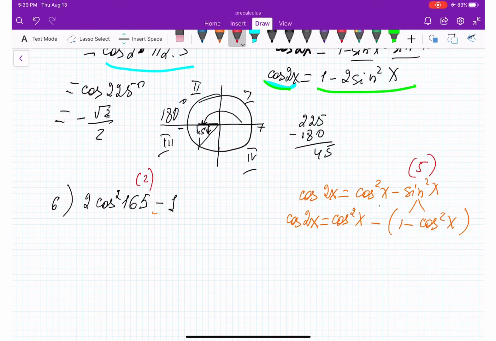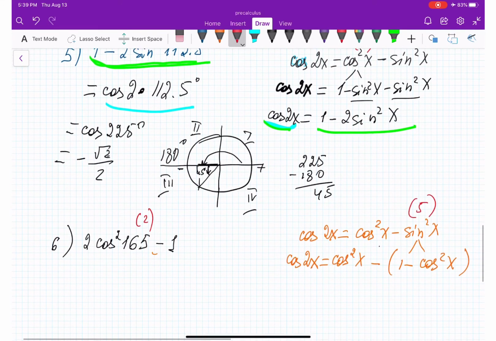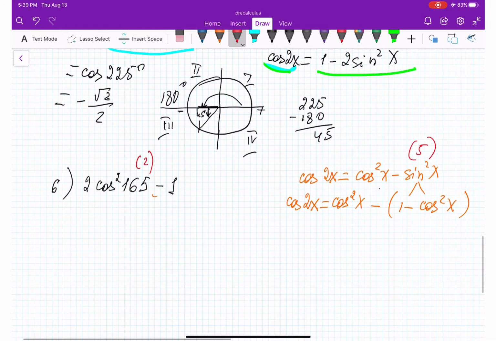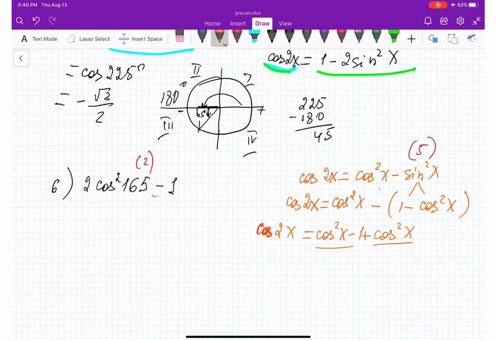Then I'm trying to move everything to cosine. All right, and from here, what am I going to get? I'm going to get cosine 2 alpha, which is 2x, is equal to cosine squared x minus 1 plus cosine squared x. Two like terms, and we are getting cosine 2x is equal to 2 cosine squared x minus 1. All right?